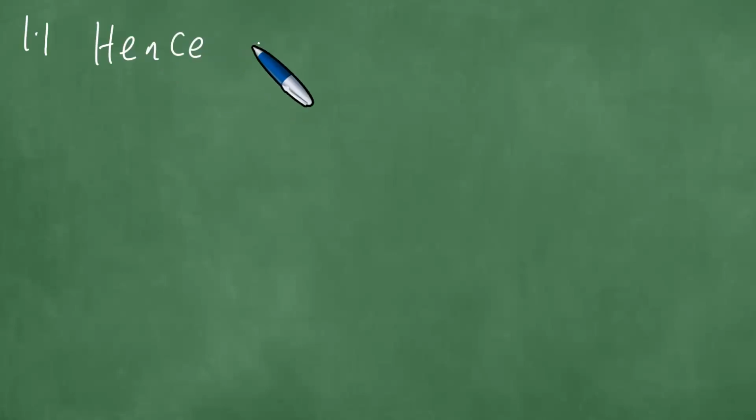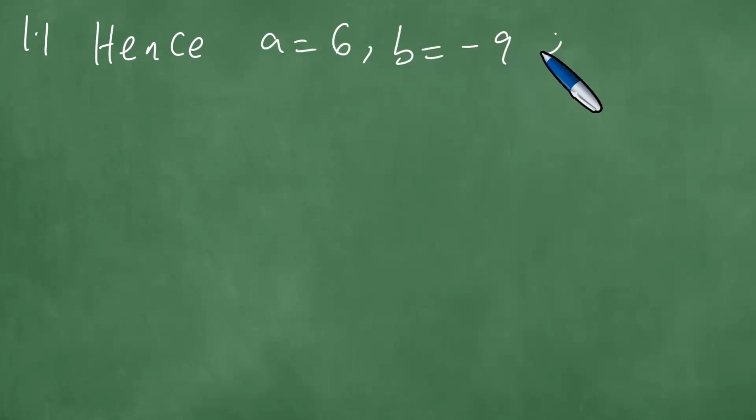The observation in 1.1 is that a is equal to 6, b is equal to minus 9, and c is equal to 0.